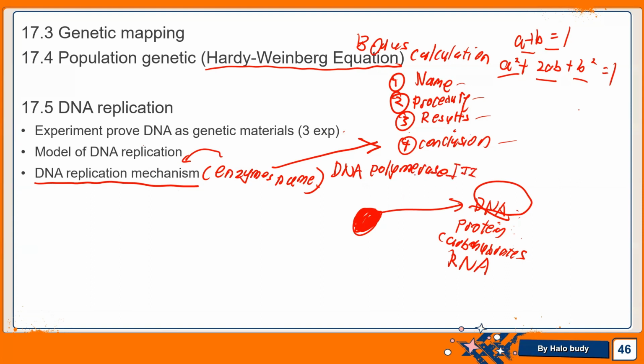There are many: DNA polymerase 1, DNA polymerase 3. You have to know all, and you have to differentiate them. And in the examination, you have to write carefully. If you write only DNA polymerase, salah, totally salah. You have to mention 1 or 3. So you have to know the role of all the enzymes in the DNA replication mechanism.